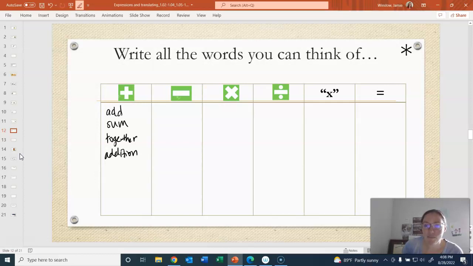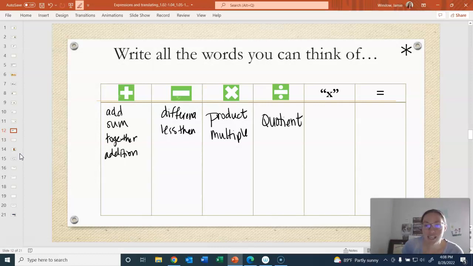And the subtraction symbol, maybe difference, less than. How about multiplication? Oh, I always think of product, multiple, like multiple of things, multiply. Division. What do you think of when you think of division? Oh, I always think of quotient, like the quotient of 2 numbers.